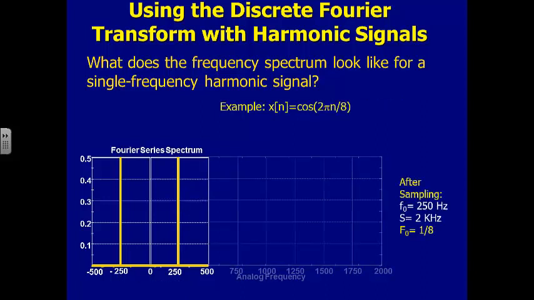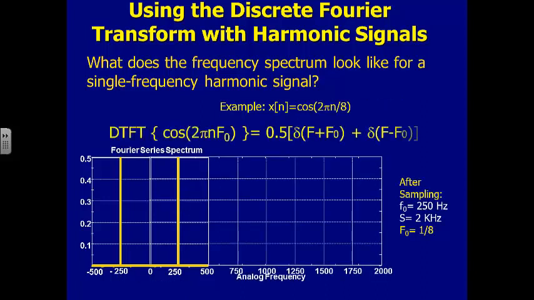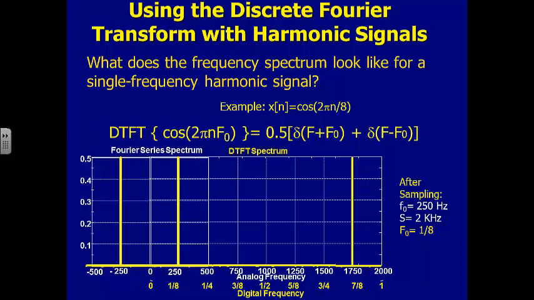So I get these periodic copies. I take this and I make a copy up here around 2 kilohertz and 4 kilohertz and minus 2 kilohertz. And I get still just 2 spikes. In the principal range, we have what we expected. But now remember, when we're working with the DFT spectrum, we're working with the range from 0 to 1 in digital frequency, or 0 to the sampling rate in analog frequency.